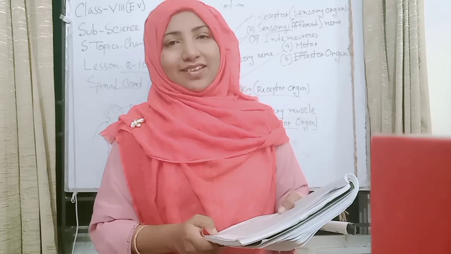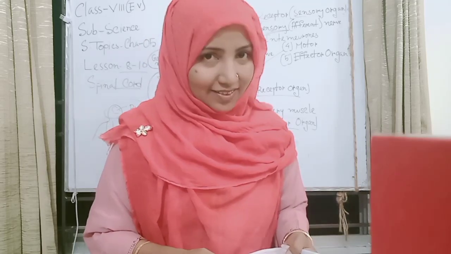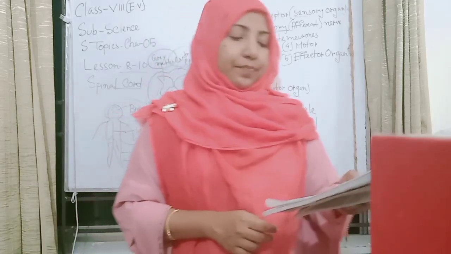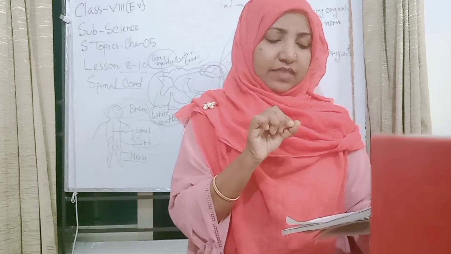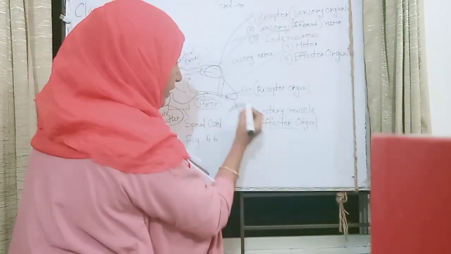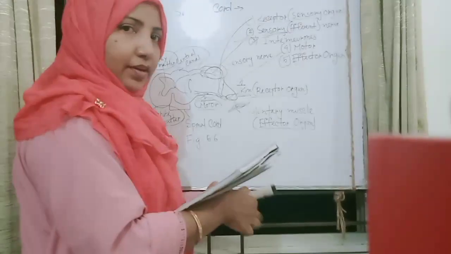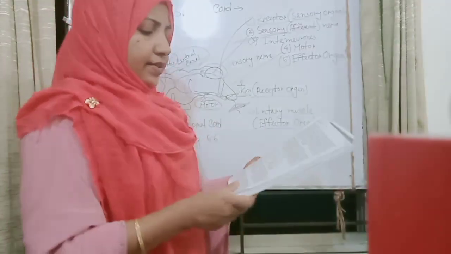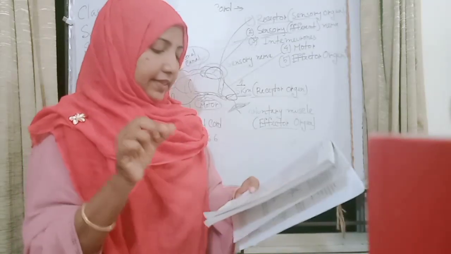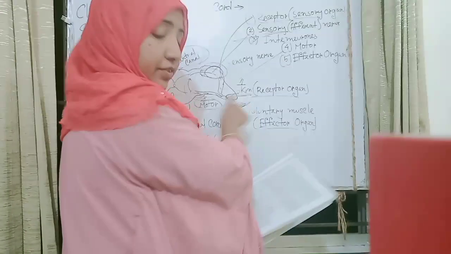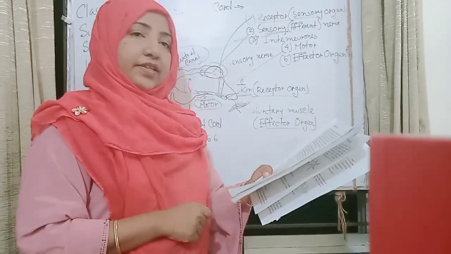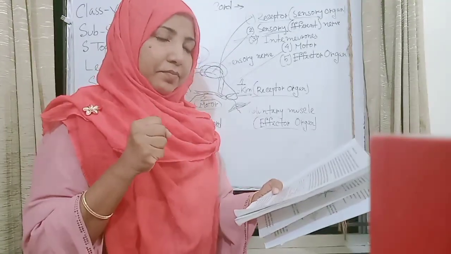Now, explanation. How can the reflex action happen? Immediately after a pin pricks the skin of our hand, the sensory organ, the receptor, perceives the stimulus of pain.